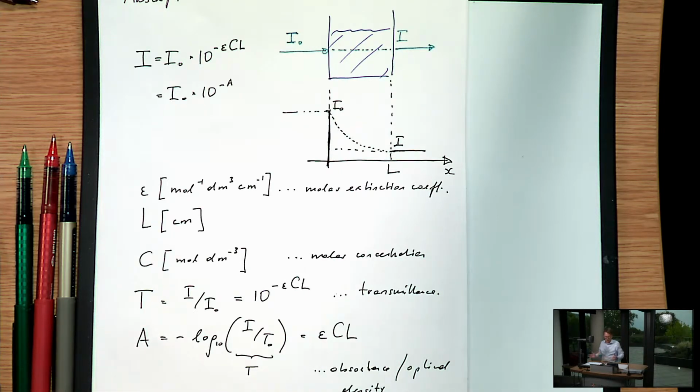If you have much less absorption than 5%, you can't detect it, and if the absorption is too large, then of course you get no light coming through at all anymore.